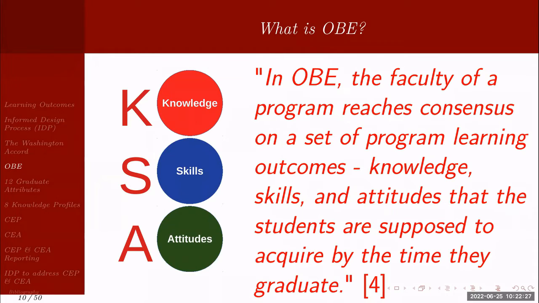Also, we can say that in OBE, the faculty of a program reaches consensus on a set of program learning outcomes, knowledge, skills, and attitudes that the students are supposed to acquire by the time they graduate.